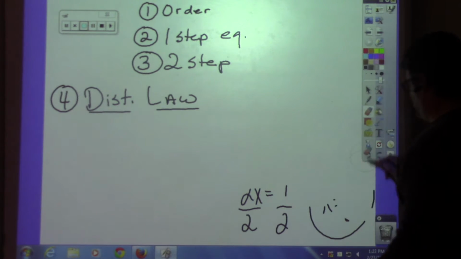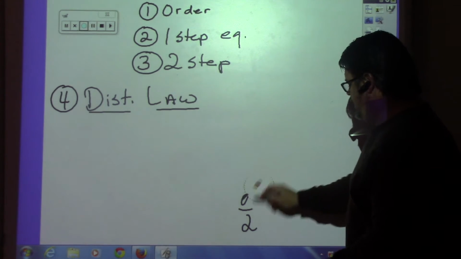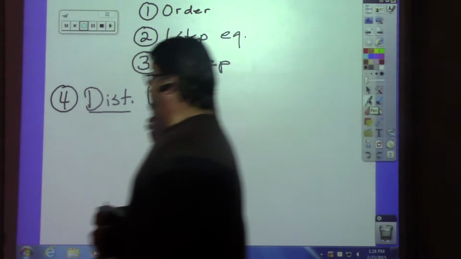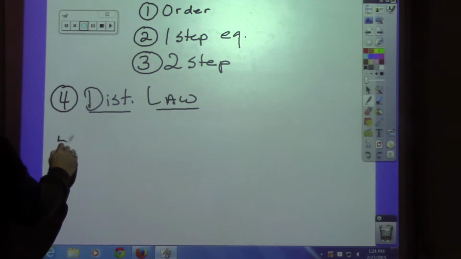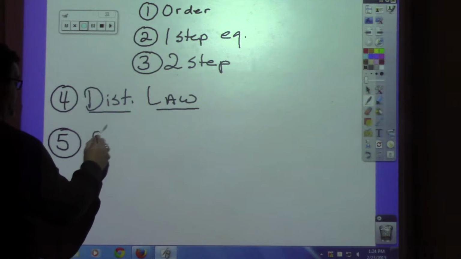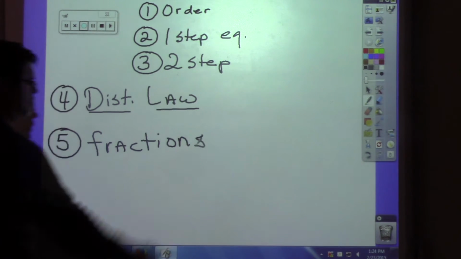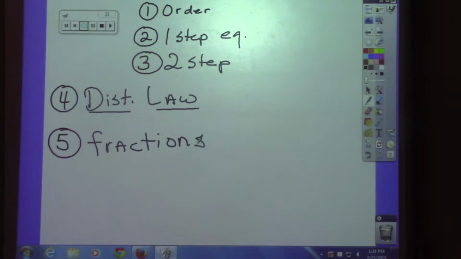Then what's the only step left? The step that I'm going to test you on the most, if I want to take a big guess at it. Fractions. What do you mean fractions? Well, I'm fixing to show you.